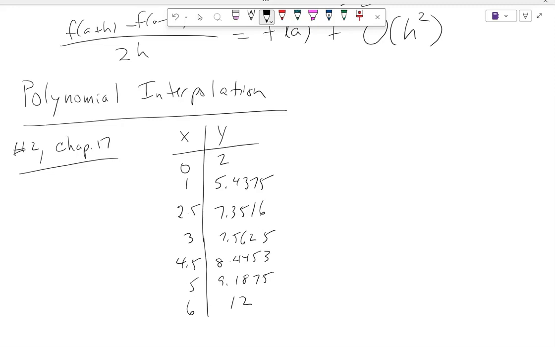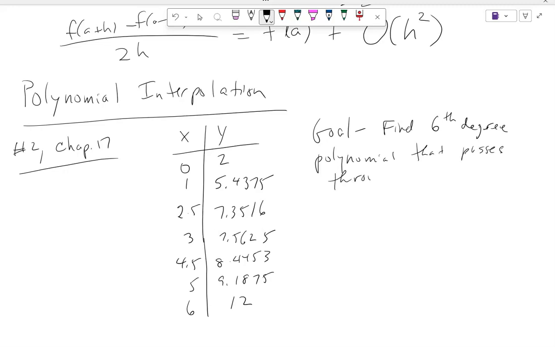So our goal here, we want to find a 6th degree polynomial that passes through all these points. That's the goal.